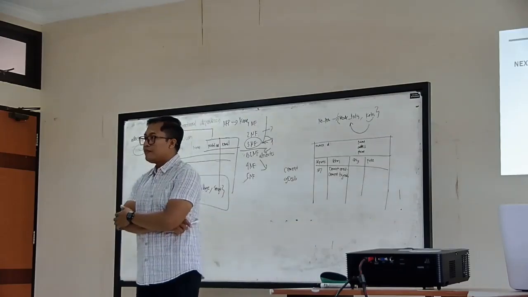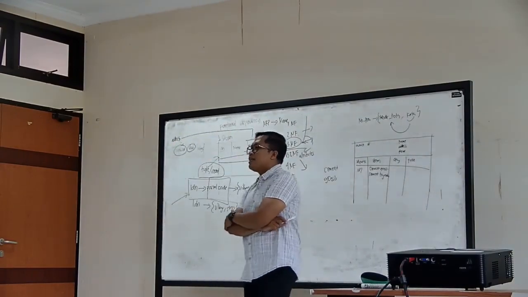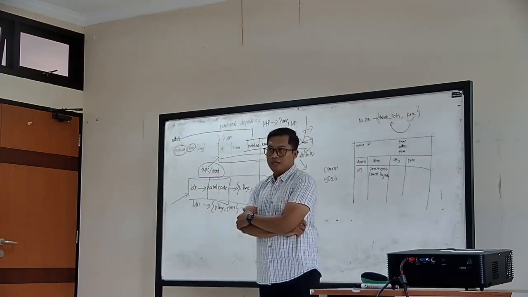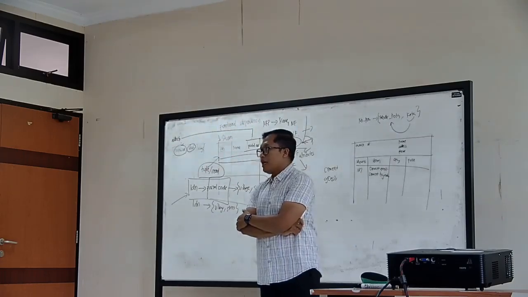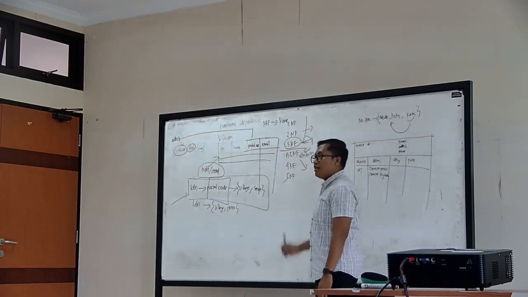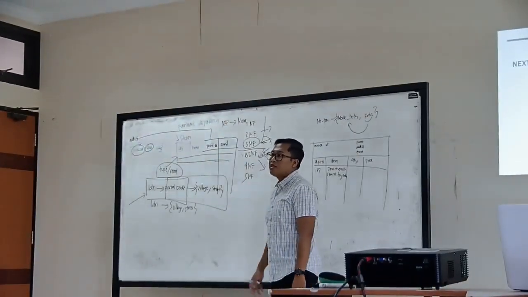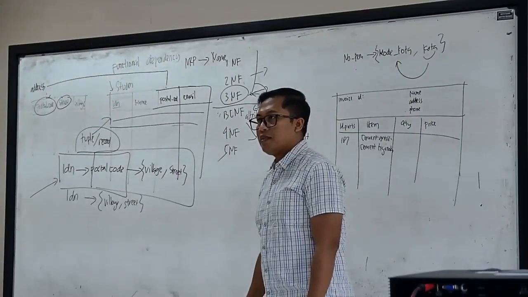Will the anomalies decrease if we do more normalization? Okay. The answer depends on your normalization process. If you do the wrong process, it becomes anomalous. But if we do normalization until fifth normal form, and in every step we do the correct process, maybe it results in zero anomalies.